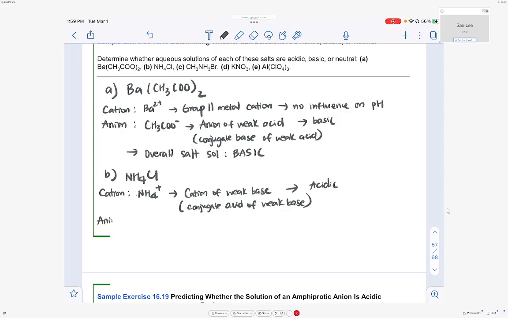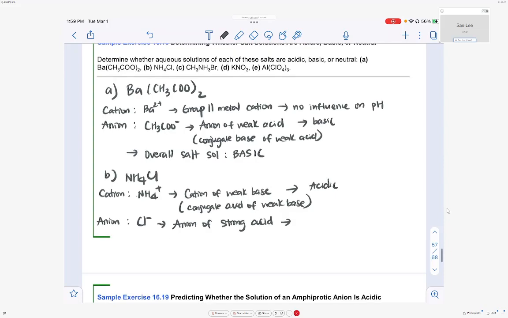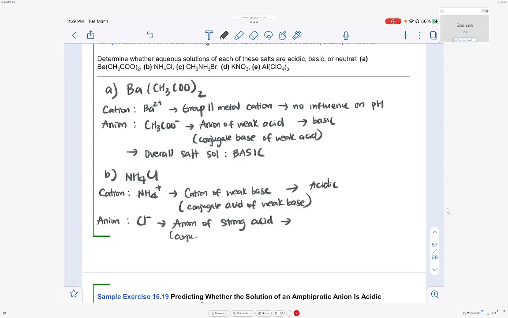What do you have for anion? You have chloride as an anion. Chloride is an anion of strong acid, or you can say conjugate base of strong acid. What properties does conjugate base of strong acid have?